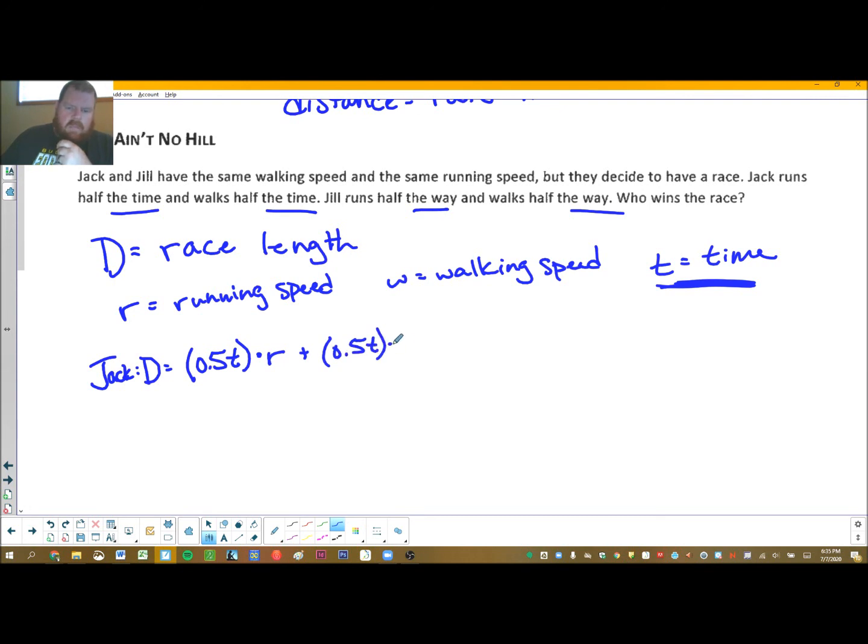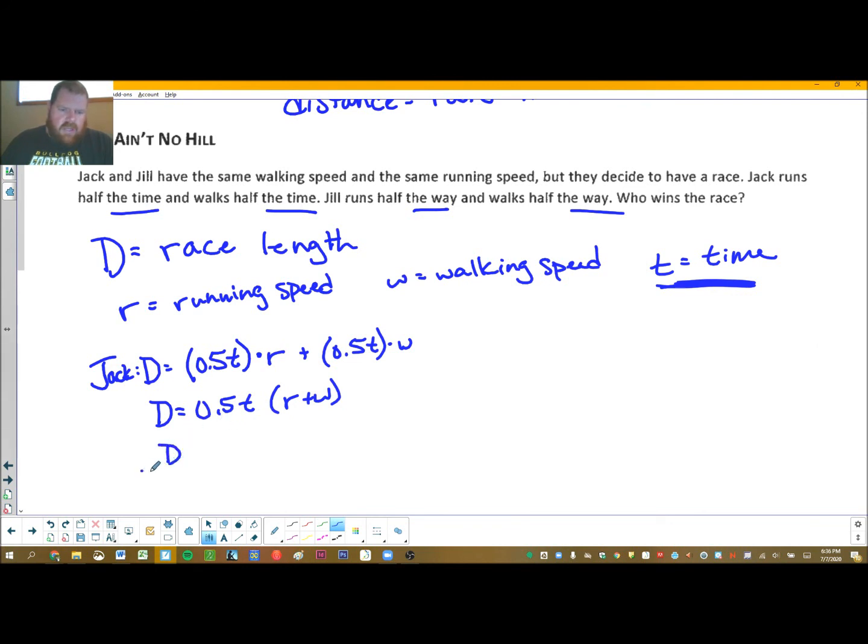walking. All right? And now, since we are looking for t, I'm going to solve this equation for t. So let's go ahead and look at what that does. I'll factor out a 0.5 t, and we're going to multiply that by r plus w. And then I'm just going to divide by r plus w on both sides.